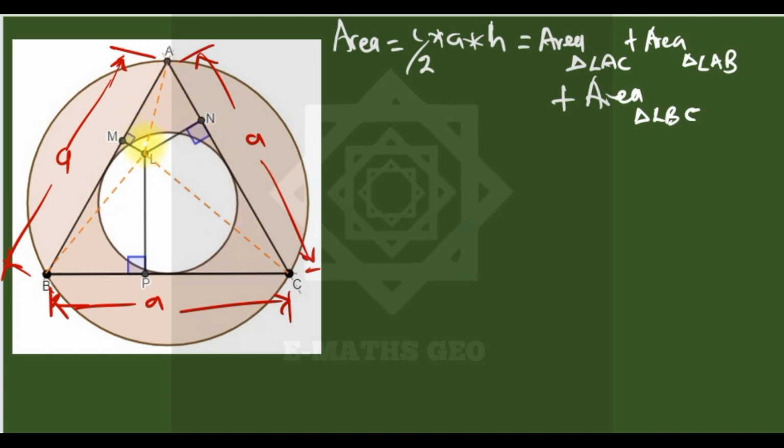This is also a triangle with height LM. And this is finally the third one with height LP. So we can equate this to this.